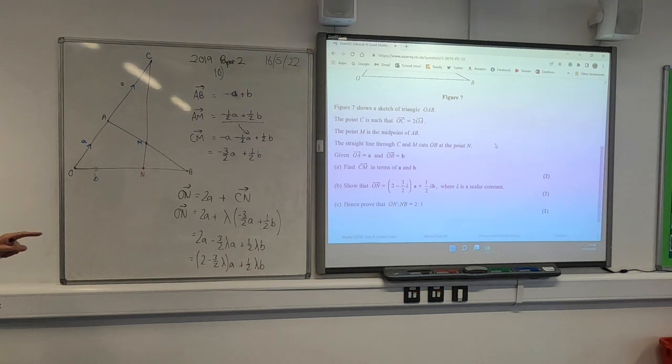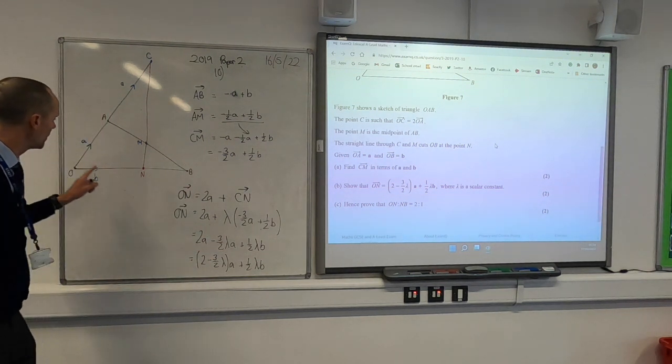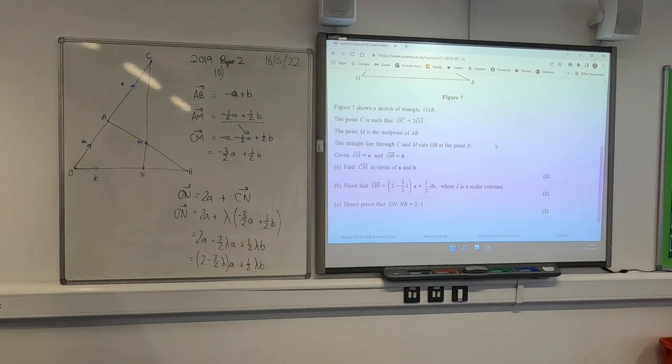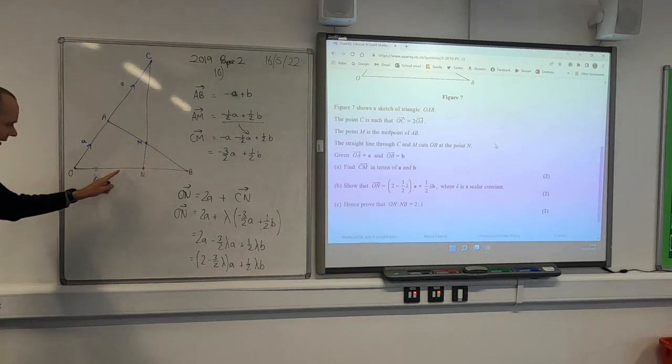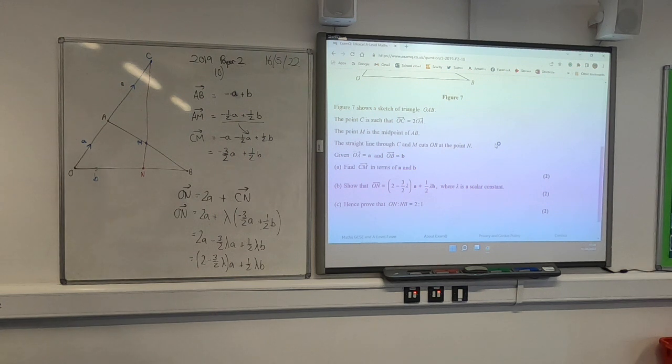So I've got an expression for O to N going this circuitous route. But I actually know something about O to N going this way. I don't know what fraction of b it is, but I know that it doesn't involve any a at all. So O to N going this way is just some fraction of b. There's no a involved at all.